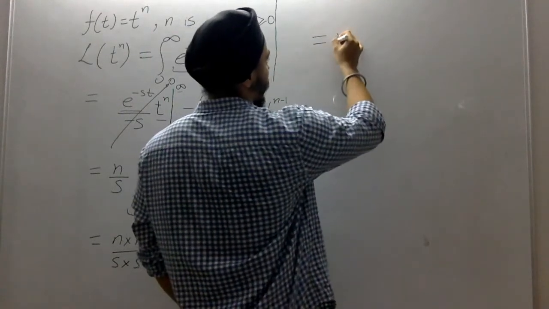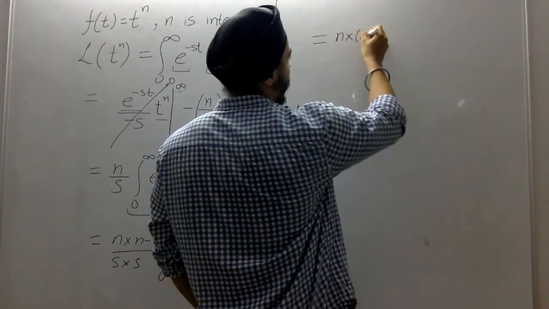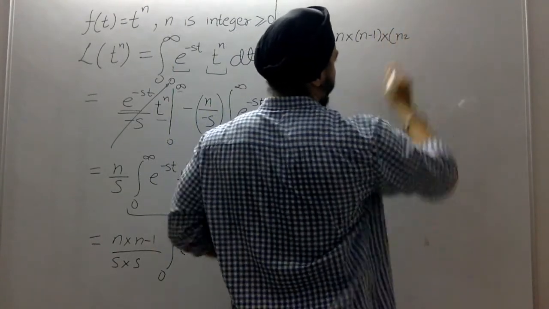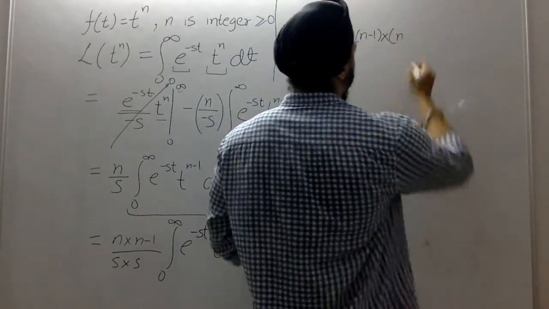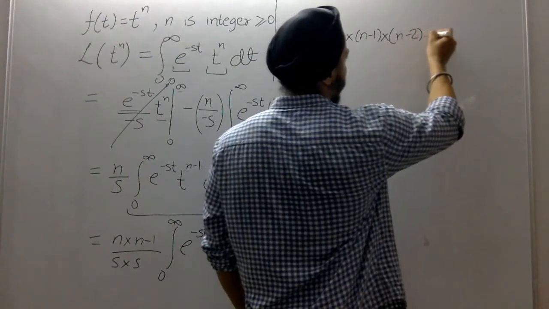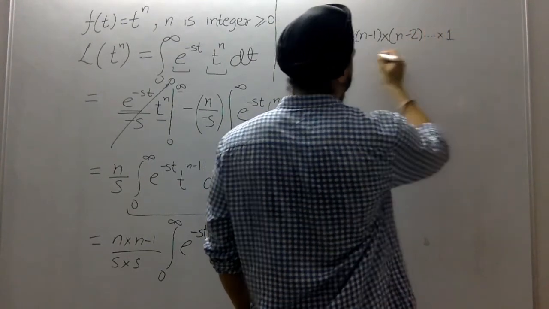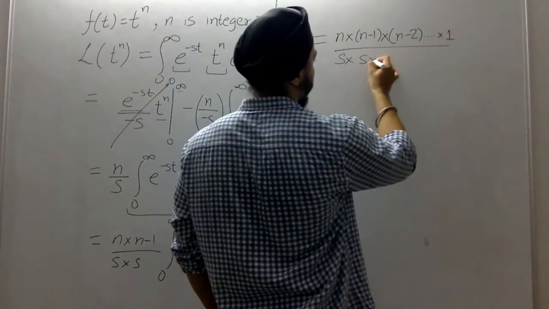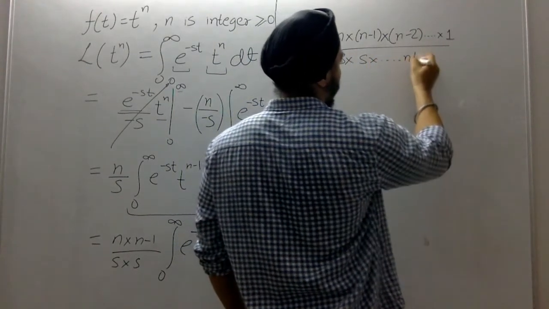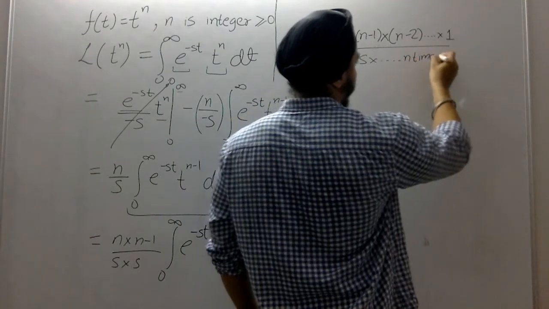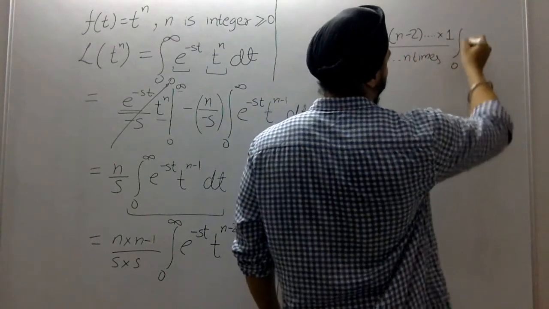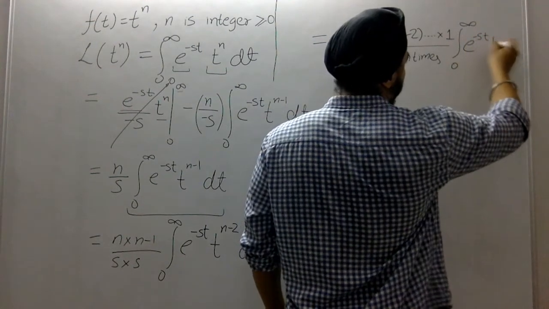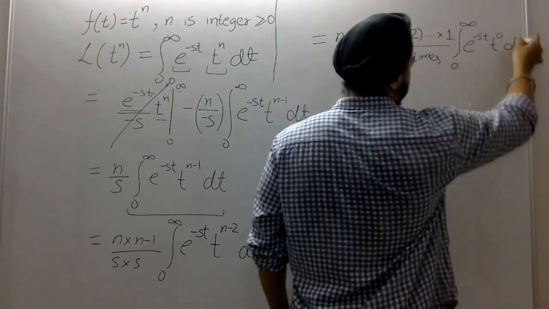So it will be n into n minus 1 into n minus 2 till 1, divided by s to the power n, times integrating from 0 to infinity e to the power minus st t to the power 0 dt.